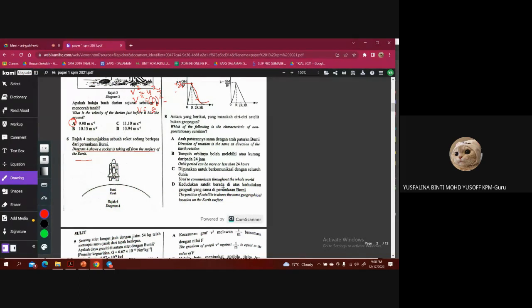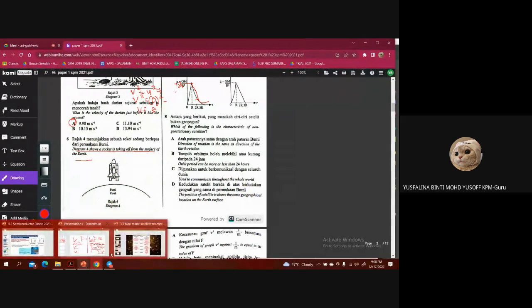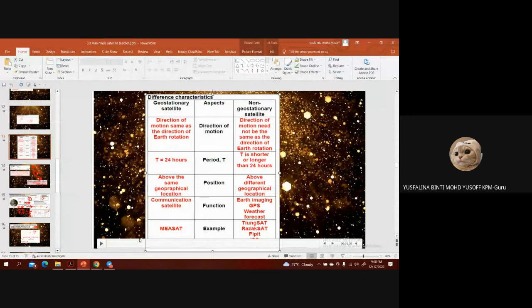What is the characteristic of a non-geostationary satellite? If you have the notes from Form 4, they already give you the difference in characteristics between non-geo and geostationary satellites. For geostationary, the direction is the same as the direction of the earth's rotation.